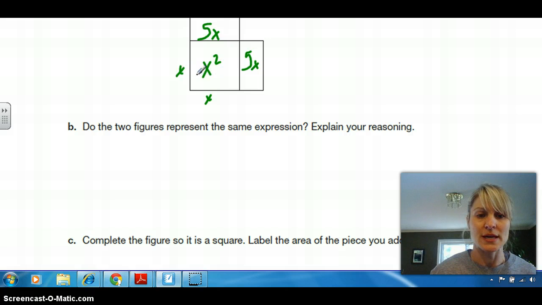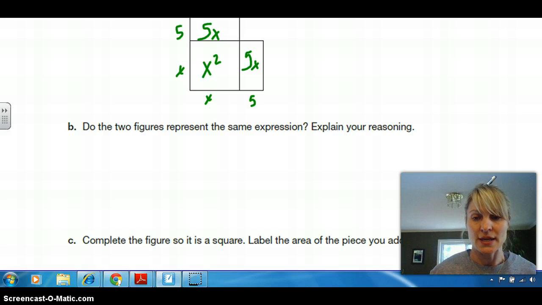So the question is, x times what number gives you 5x? And of course that would be 5. X times 5 is 5x. So again, then we have to see what multiplies here to give us 5x. And again, this would have to be 5. 5 times x is 5x, right?